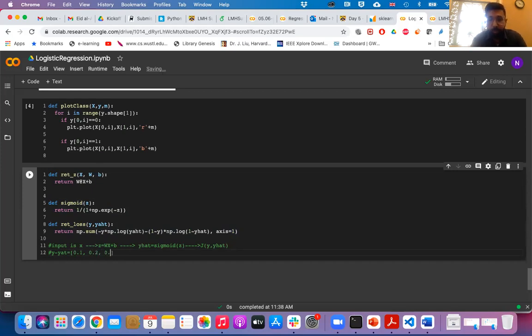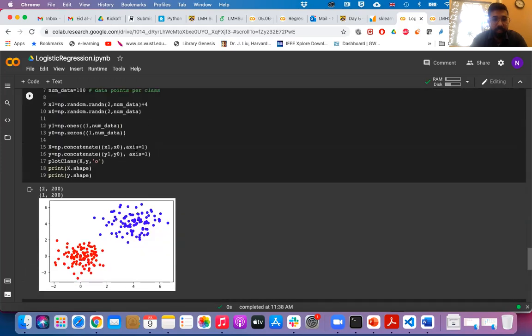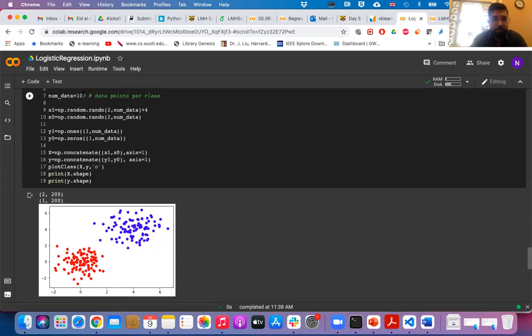These are the differences between y and y hat for all data points. In my particular example the total number of data points is 200, 100 for class 0 and 100 for class 1.